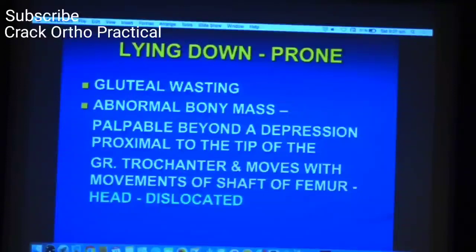And the second thing, you palpate with the flat of the hand and try to look for any abnormal bony mass which is palpable beyond a depression proximal to the tip of the greater trochanter, and if it is there, then you can infer that it is probably the head of the femur which is dislocated, and if it moves with the movements of the thigh, then you are more or less sure that it is the dislocated head of the femur.